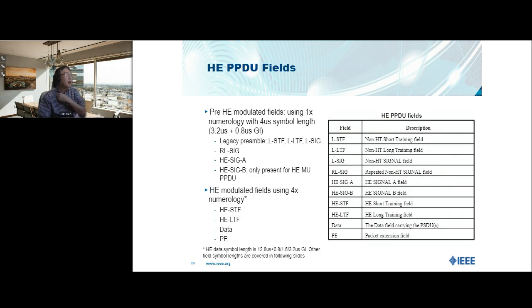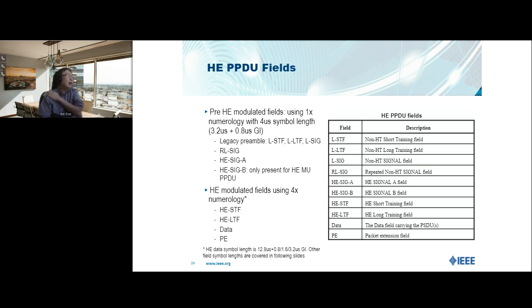Okay, so on the higher level, the PPDU actually includes two parts. One is something called the pre-HE modulated field. In that field, we use 1x numerology with 4x symbol length. Okay, it's fixed, using 3.2 microsecond plus 0.8 microsecond GI.